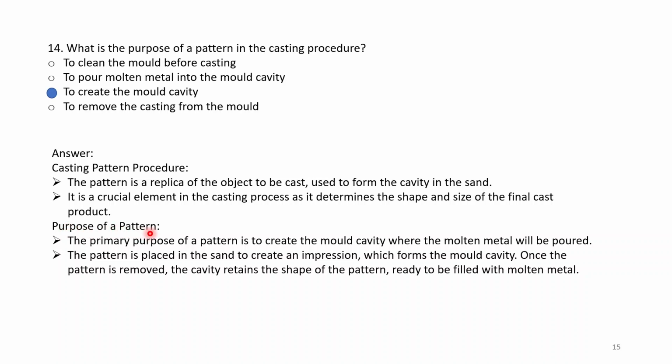The primary purpose of a pattern is to create the mold cavity where the molten metal will be poured. The pattern is placed in the sand to create an impression, and it forms the mold cavity. Once the pattern is removed, the cavity retains the shape of the pattern, ready to be filled with the molten metal.